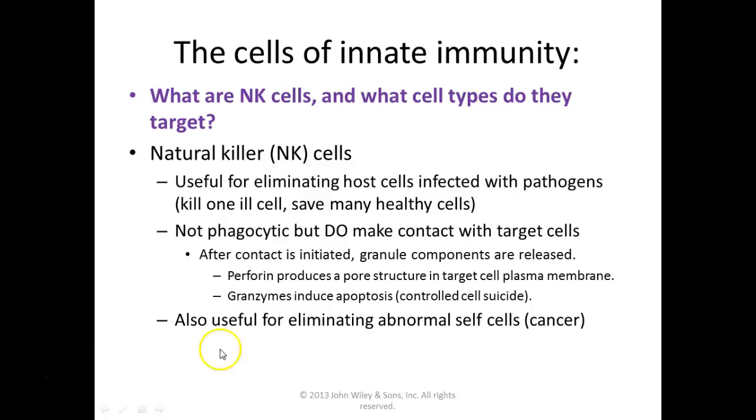So again, they're not phagocytic, so they're not going to engulf, but they do make contact with the target cells. Once they make contact, they recognize that there's something wrong with that cell, then they're going to release two substances. They're going to release perforin. These actually perforate the membrane of the cell, and they allow granzymes, this one's a fun one, to enter into the cell.